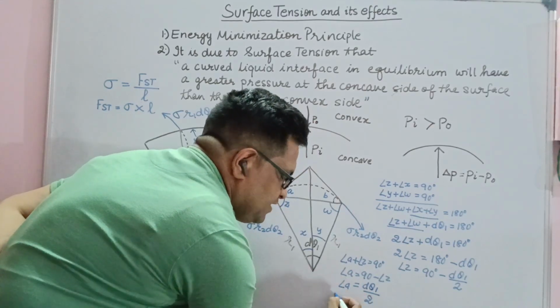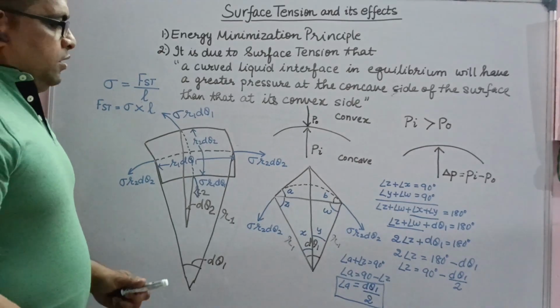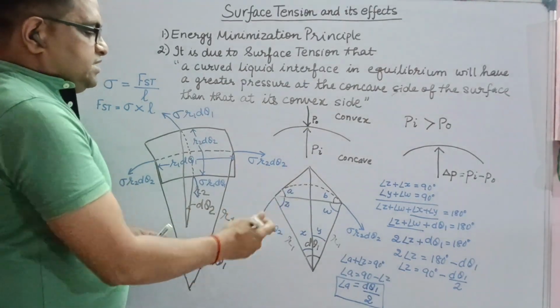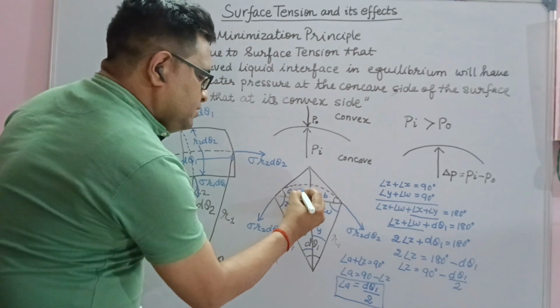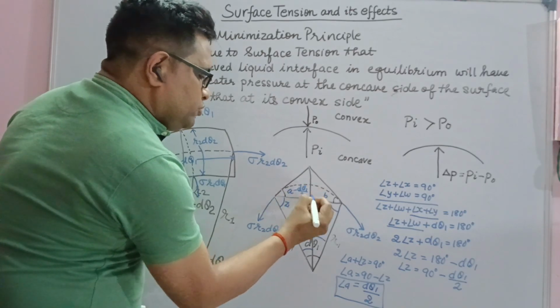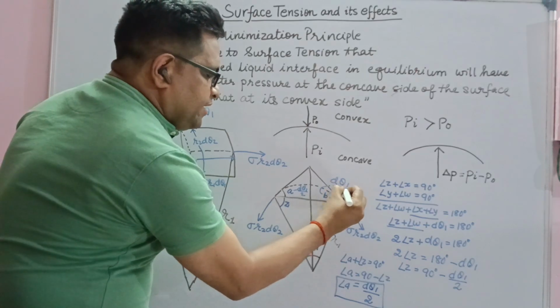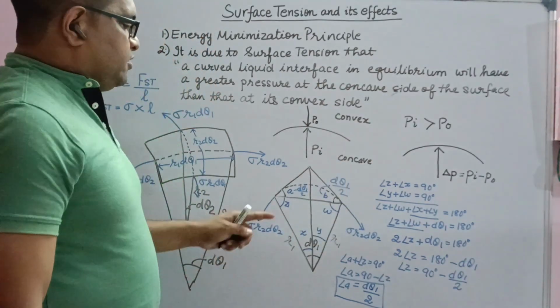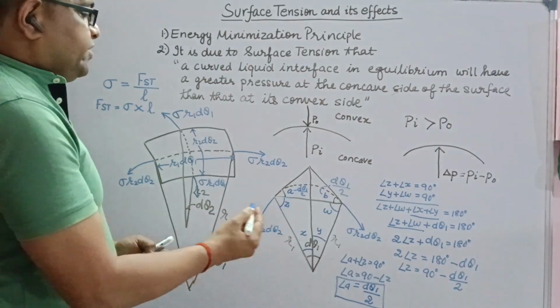So we have angle A is equal to d theta 1 by 2. So this angle A becomes d theta 1 by 2, and similarly B will also be d theta 1 by 2. Now since this angle is d theta 1 by 2, now we can resolve.